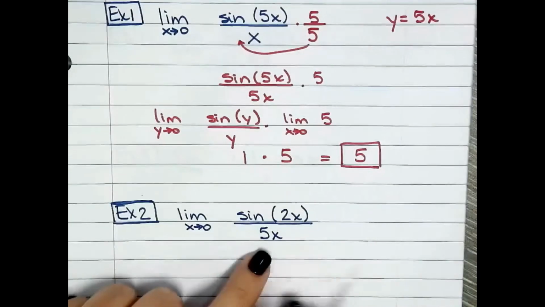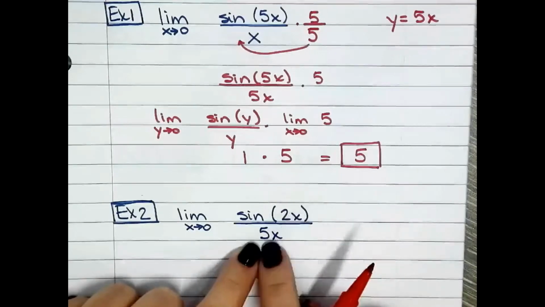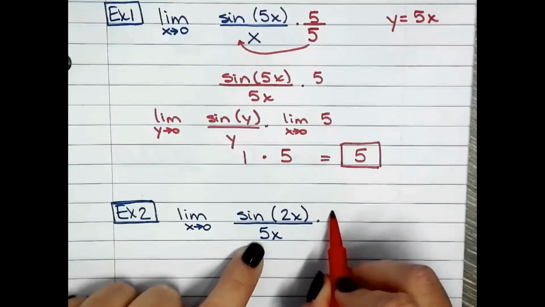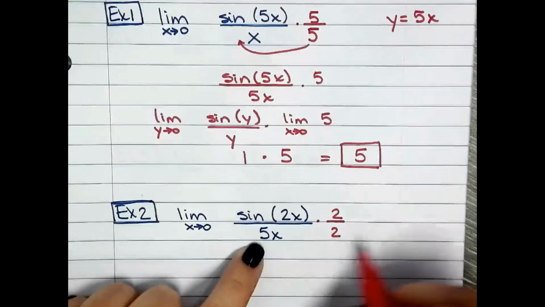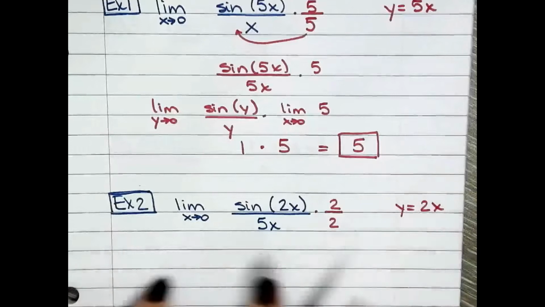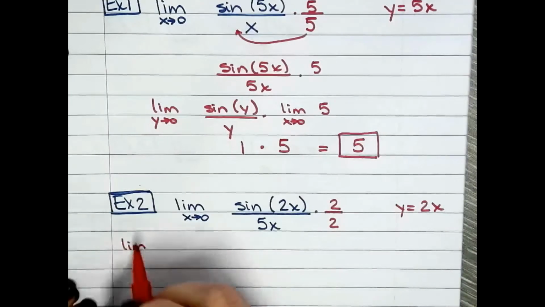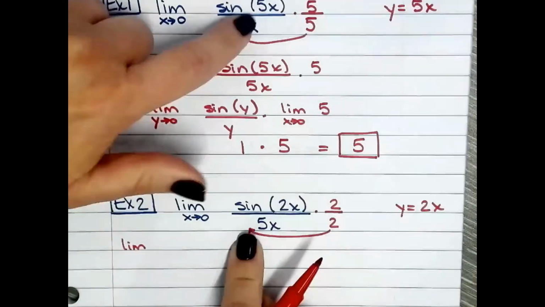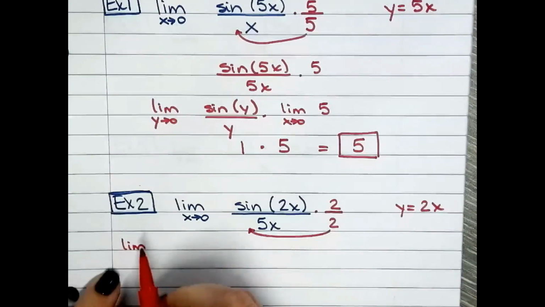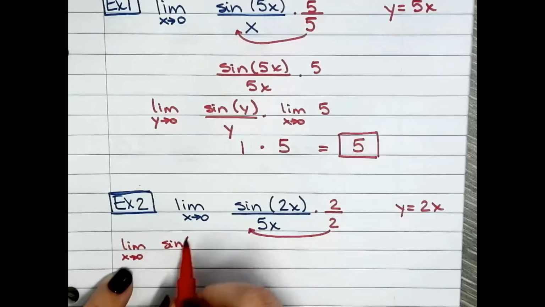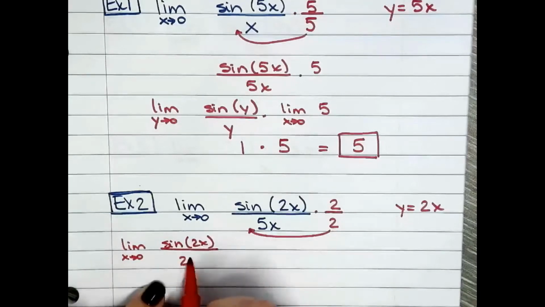Okay, now in this one, I need to make the denominator equal 2x, not just 5x. So I can again multiply by 2 over 2, and then I will call y equals 2x. I put the 2 right there like we did in example 1. So I have the limit as x approaches 0 of sine of 2x over 2x.